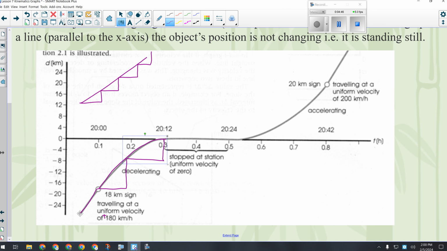If I was to really amplify that graph so it looked kind of like this, here it went really far, and the next one not quite as far, and in the next one not quite as far again. You can see that that vertical line is getting shorter and shorter every single time interval. And the only way it can not travel as far in the same amount of time is to be going slower. Everyone all right with that idea?